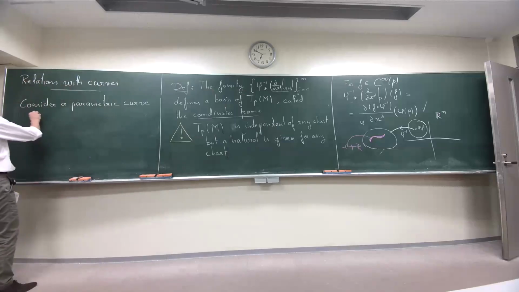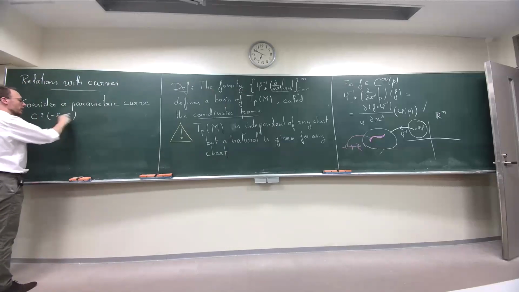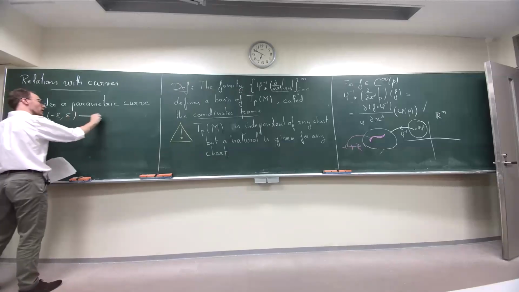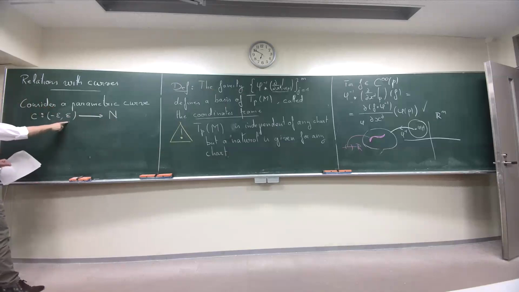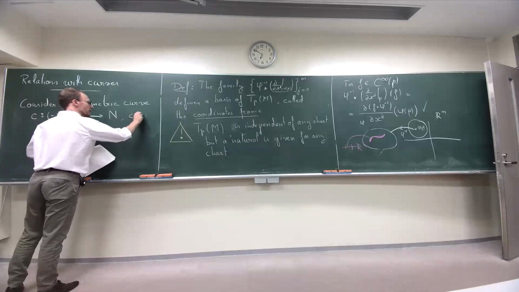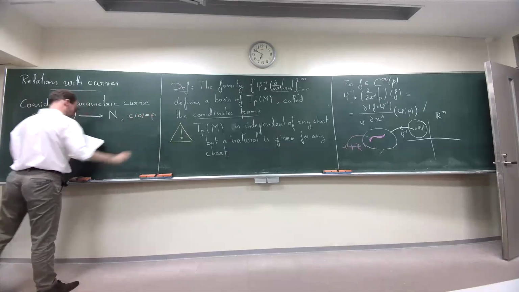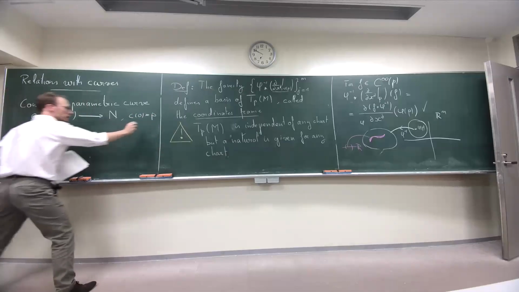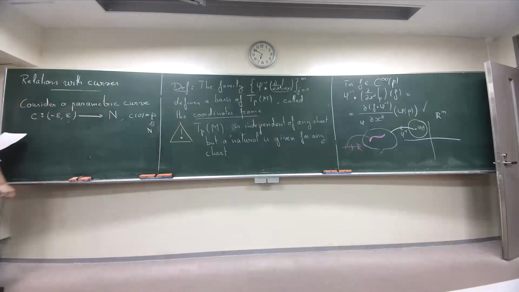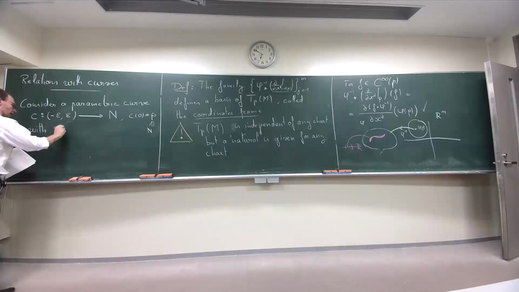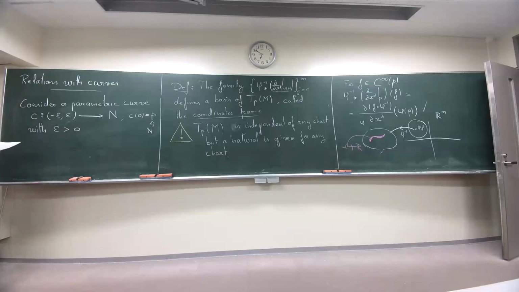So a parametric curve c is, I will always take it on a small interval containing 0, and I will use N for the manifold. So this is a small interval around 0, from minus epsilon to epsilon, with c of 0 a point P, which belongs, of course, to N, the manifold N. And of course, epsilon is bigger than 0.